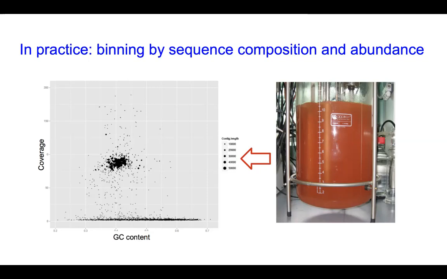And as you can see, this truly is the best case scenario for metagenome binning, where on the left-hand side on the plot, each dot represents a contig, and the size of the dot is proportional to the length of the contig. And we see there's one cluster of contigs in the middle that represents the genome of the dominant Anammox bacteria, and then this smear at the bottom that represents any other organisms that are there, but there isn't enough DNA to resolve any clear clusters.